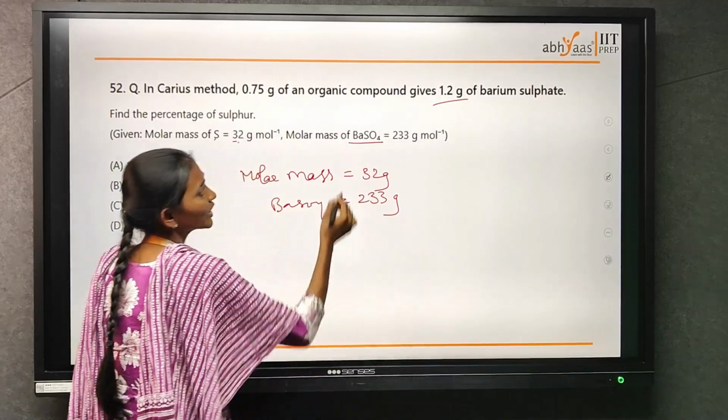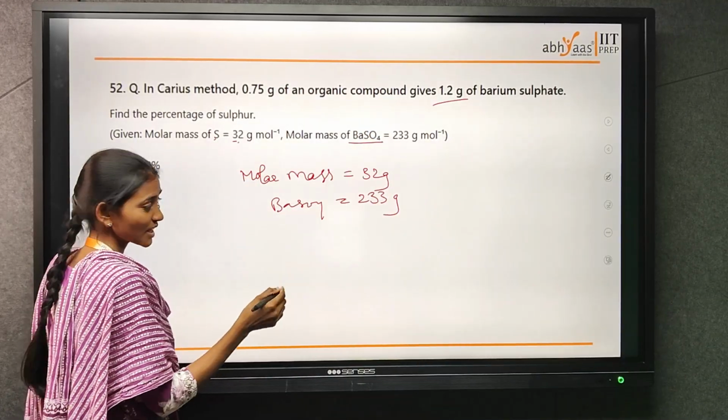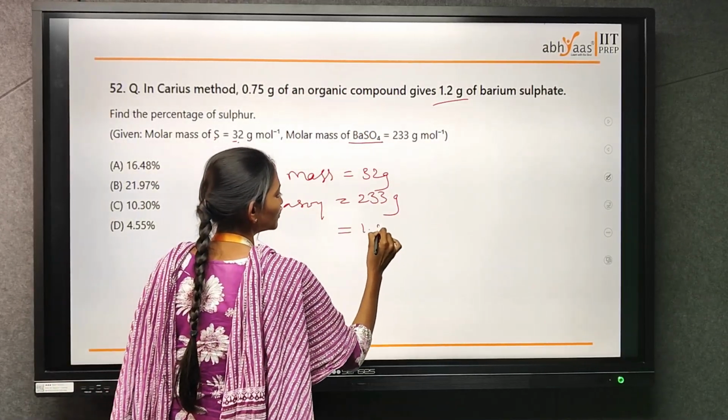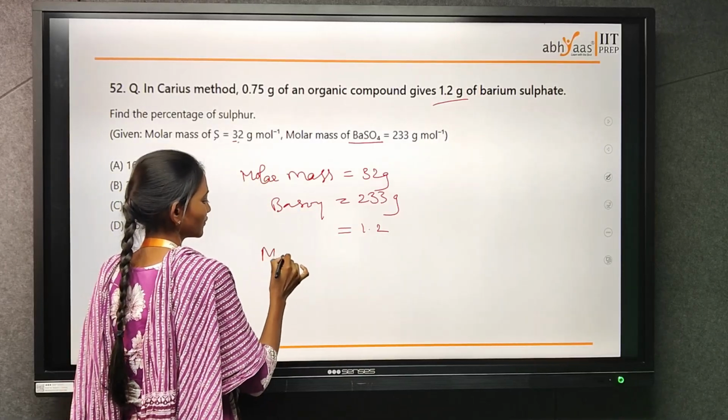The given weight for barium sulfate is 1.2.